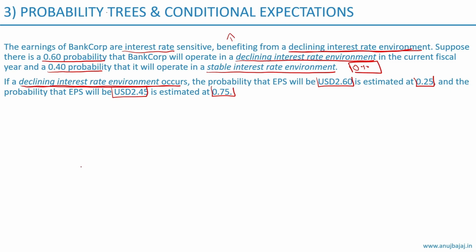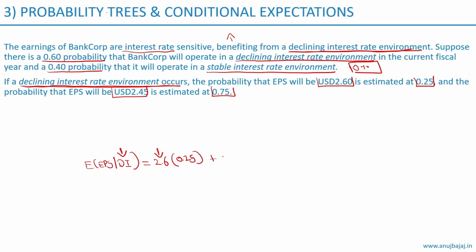So let us calculate the expected earnings per share if we have a declining interest rate environment, which equals 2.60, the first possible outcome, multiplied by the probability of this outcome occurring given that a declining interest rate environment has occurred, which is 25%.